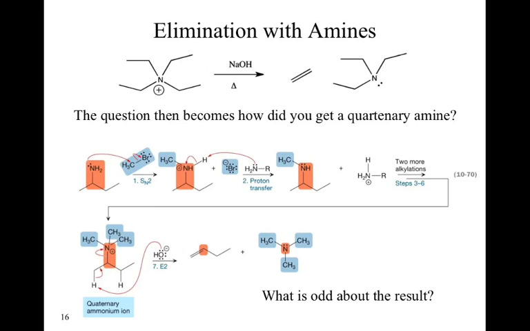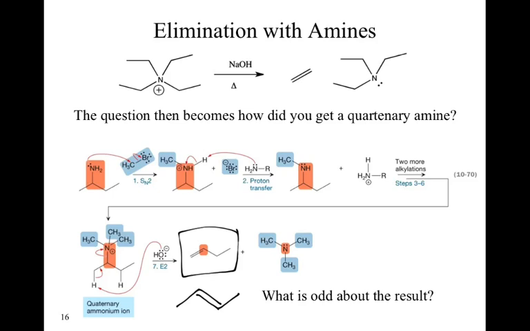Not quite. So, we got the mechanism provided for you in the book, and what you should in theory do is look through that mechanism and decide how many elimination products could we have obtained. And hopefully when you look at that, you should also see that that was a possible product.